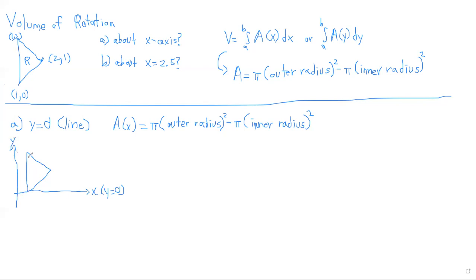I'll just label it y for the sake of it. So here, I'm going to call this L1, and this is L2. So this line here is L1, and this line here is L2. I want to parameterize these as functions with respect to x. And I'm going to label these points (2, 1), (1, 2), and (1, 0).